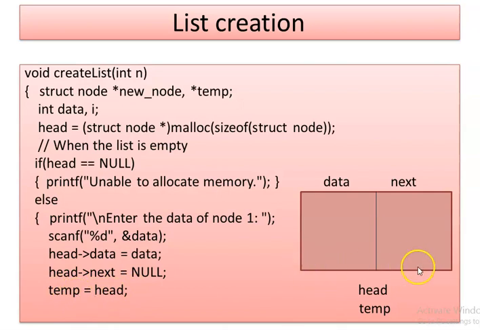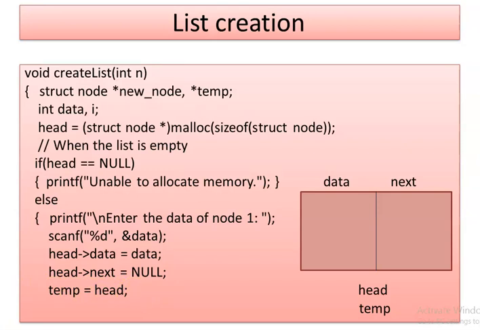If 2000 is the address of this node, head is also having 2000 and temp is also having 2000, because value 2000 is being assigned to temp also. So this data can be referred by head arrow data or temp arrow data after using this statement.